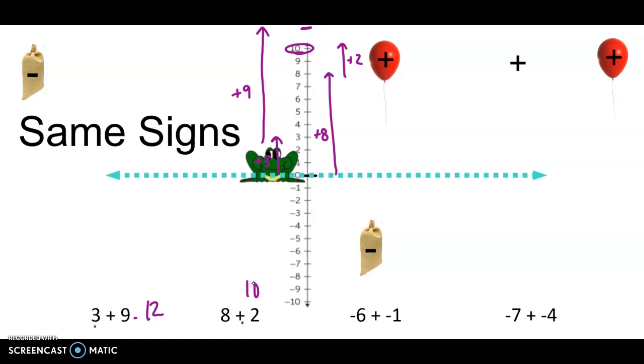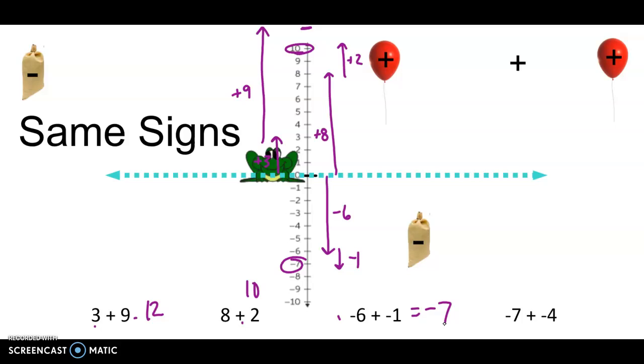What about adding negatives? Okay? So, now remember I'm adding sandbags, so he's going to go down for each negative. So, this number sentence says negative 6 plus negative 1. So that's the same as saying 6 sandbags takes him to negative 6. 1 more sandbag takes him to negative 7.